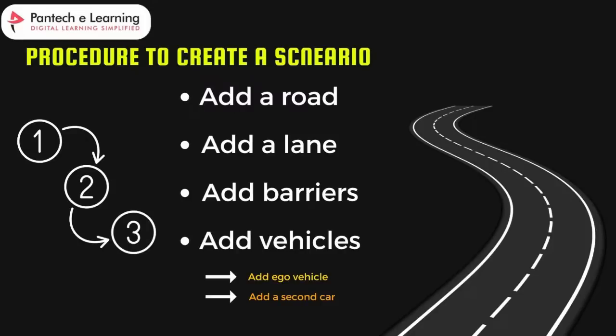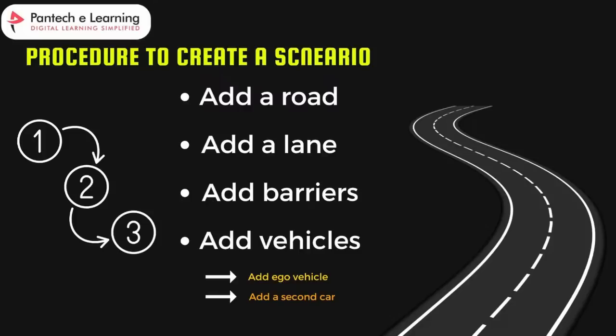Next, we have to add lanes. Lanes define the individual pathways within the road. You can add multiple lanes to a road, specifying their width, markings and directions. This is what a lane is. Here you can see this is the lane, and next are the barriers.